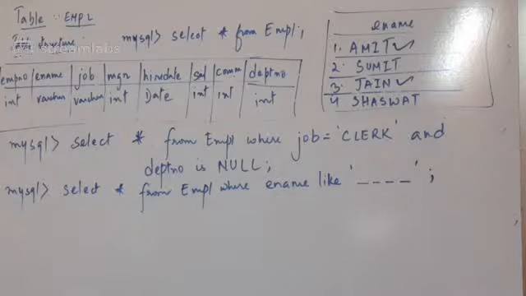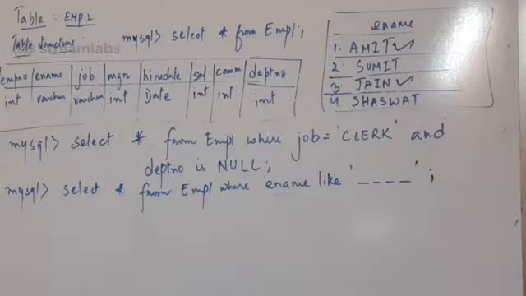Now suppose we need to display the details of all those employees whose annual salary is between 25,000 and 40,000. Since in the original table you won't find an annual salary column, you need to do certain calculations also.